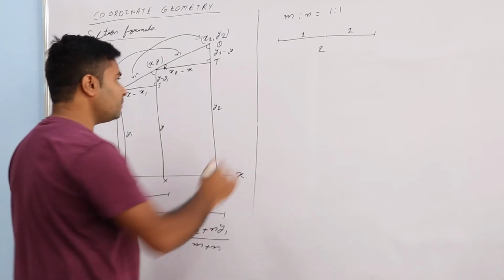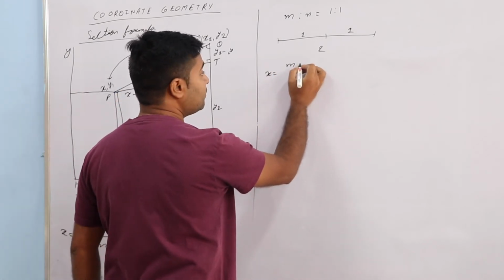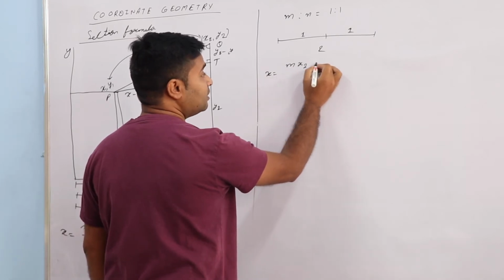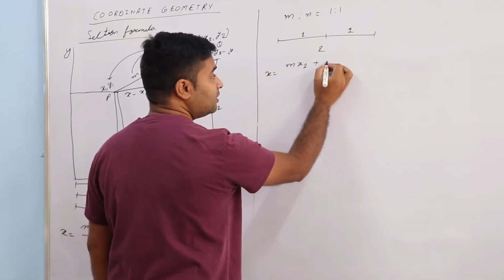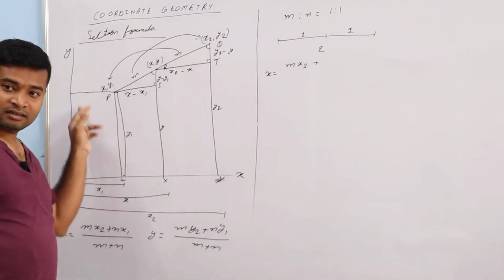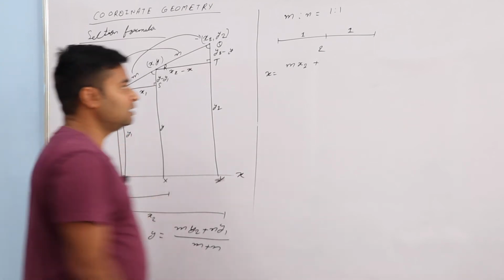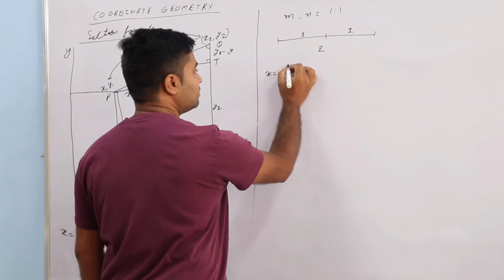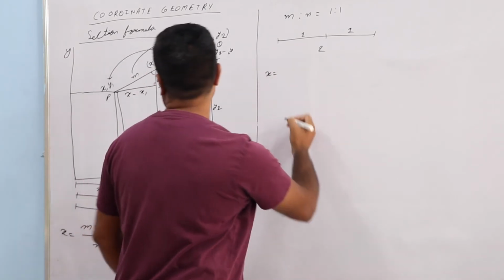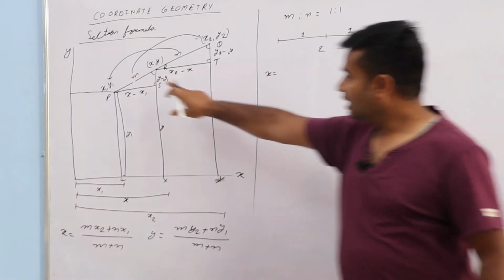Now what will this formula become? x is equal to, speak the formula. m x2 plus n x1 by m plus n. Read again.